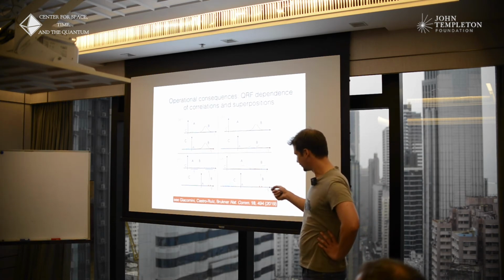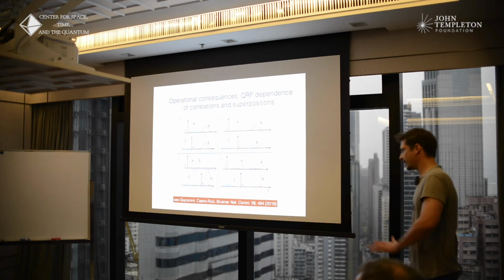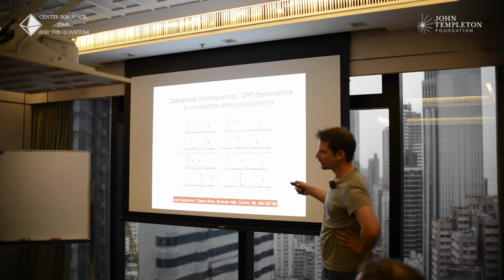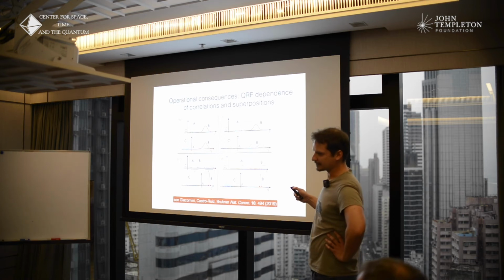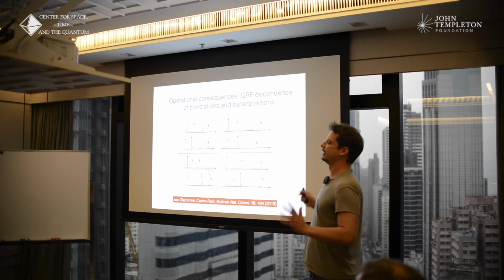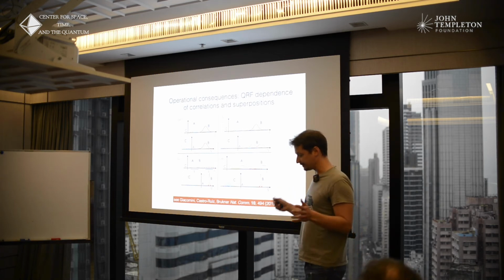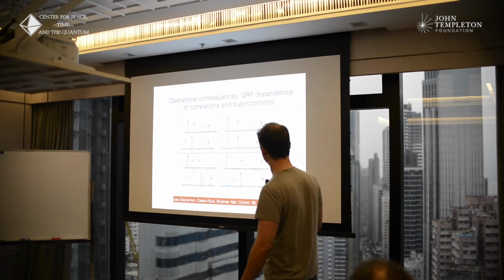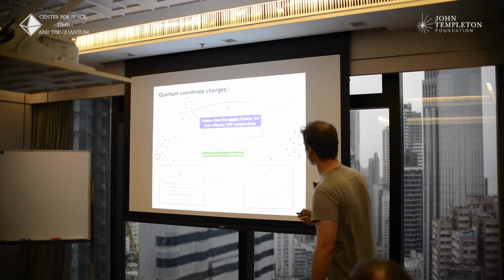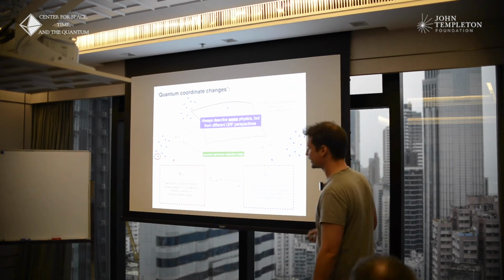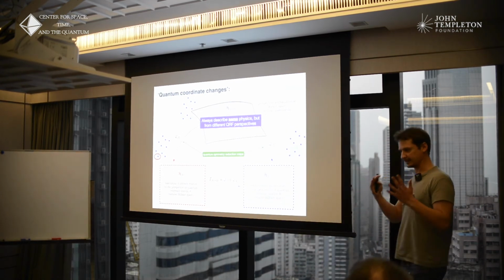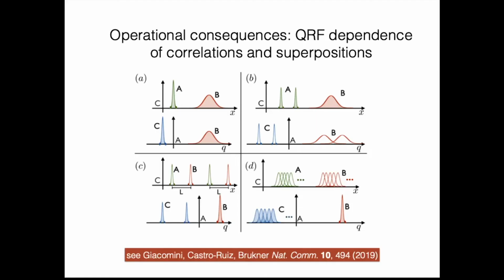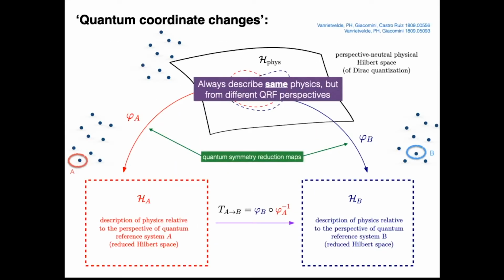I was not involved in this work. But from embedding this in this perspective-neutral framework, it's actually quite easy to see why you get this frame dependence of superpositions and entanglement. It has to do with the fact that when you go back to this structure, this physical Hilbert space, you write the same physical Hilbert space in different tensor factorizations, relative to the perspective of A, of B, of C, and so on.